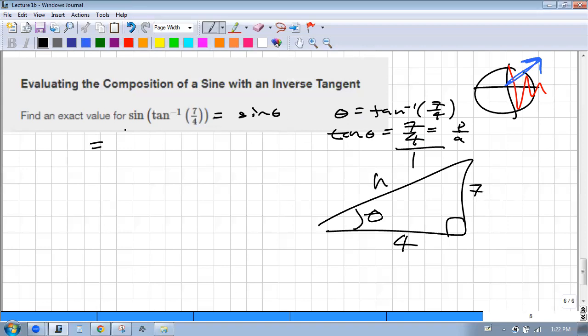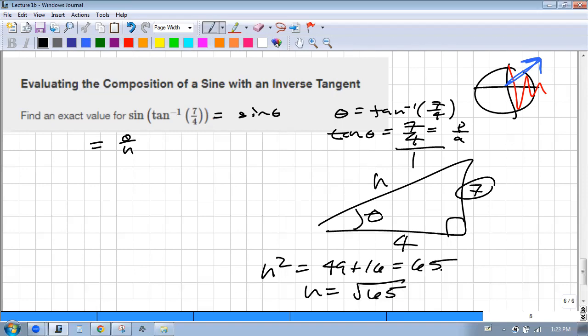Because this is opposite over hypotenuse. So we got the opposite side. The hypotenuse squared is 7 squared plus 4 squared. What is that, 65? So h is square root of 65. So opposite is 7, hypotenuse square root of 65.